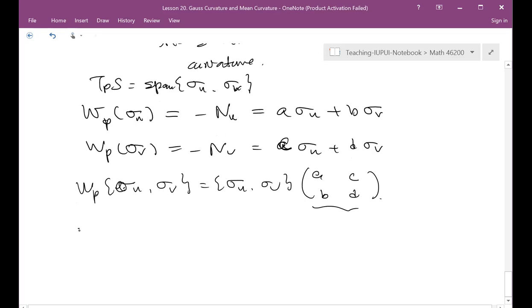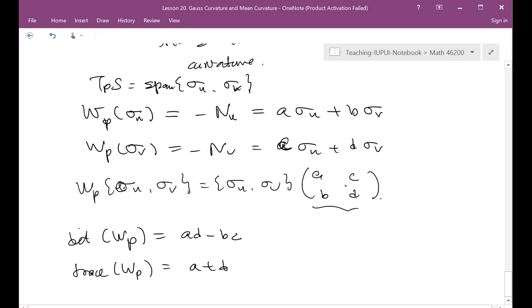So the trace, and the determinant of W_P is just AD minus BC. So if we are able to determine A plus D and AD minus BC, then you are done, all right?